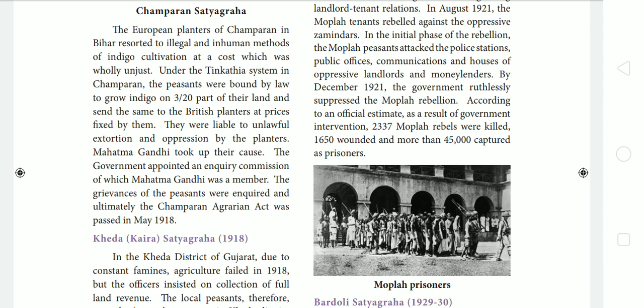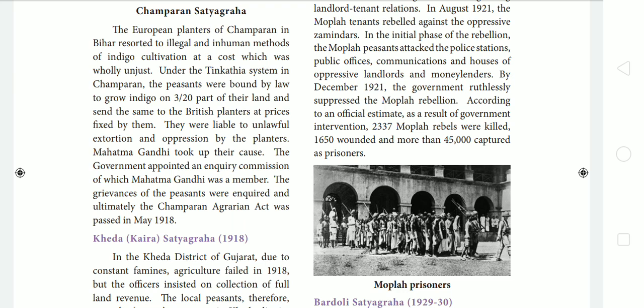Under the Tinkathia system in Champaran, the peasants were bound by law to grow indigo on 3/20 part of their land and send the same to the British planters at prices fixed by them. According to this system, the peasants had to cultivate indigo on 3/20 part of their land.